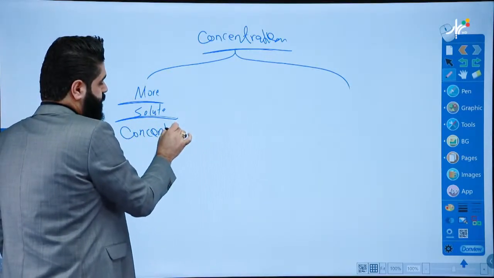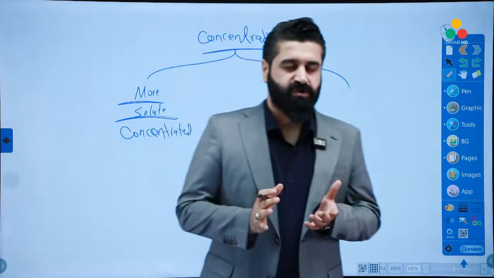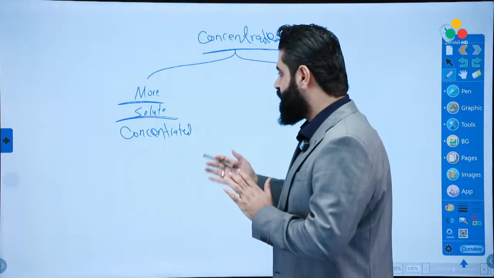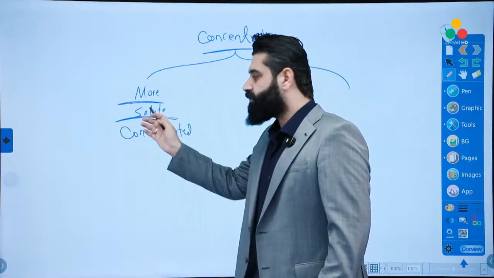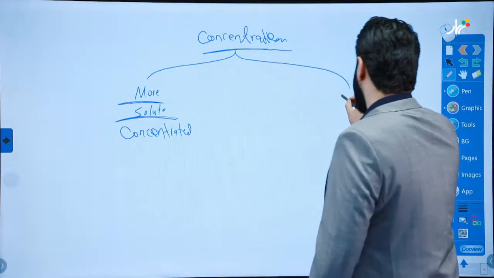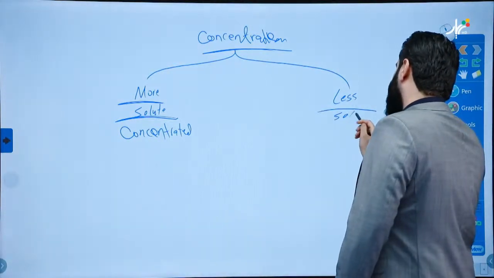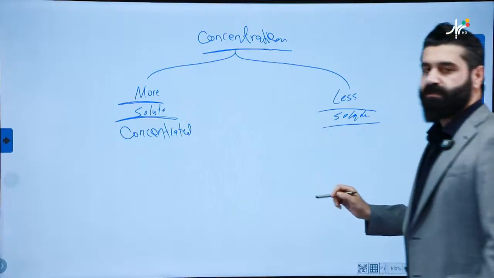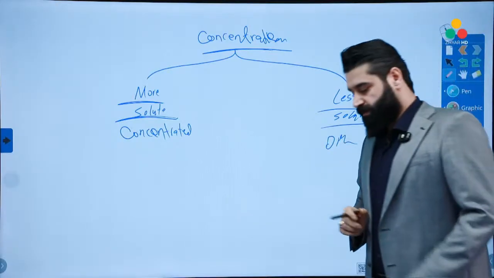Very good. So if I say concentrated solution, it means it has been prepared by the dissolution of more amount of solute. But if we use less amount or a trace amount of solute, this kind of solution is called diluted.